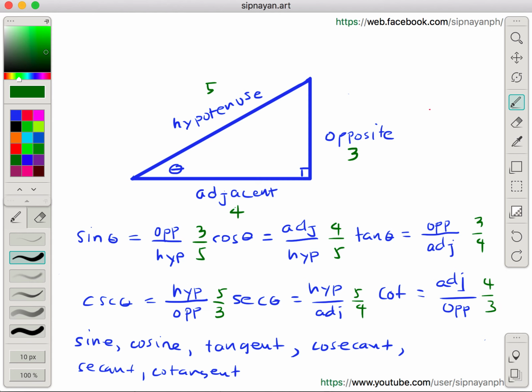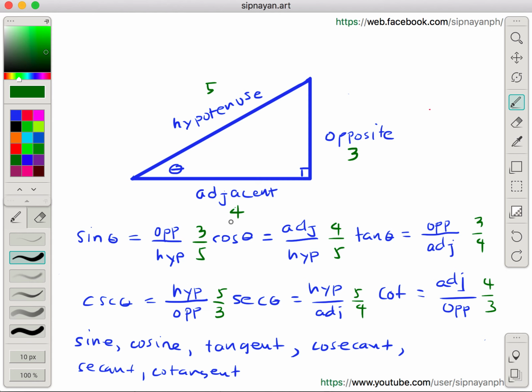Okay, so medyo madali lang ngayon kasi ang mga numbers dito ay whole numbers. Kaya madali tayong kumuha ng mga fractions. Later, sa mga susunod nating examples, magkakaroon tayo ng mga radicals dyan kasi hindi siya laging eksakto.